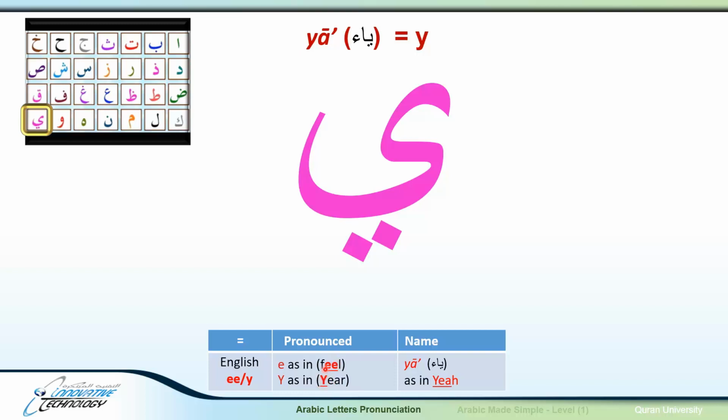So the name ya can be representing both e or ye.